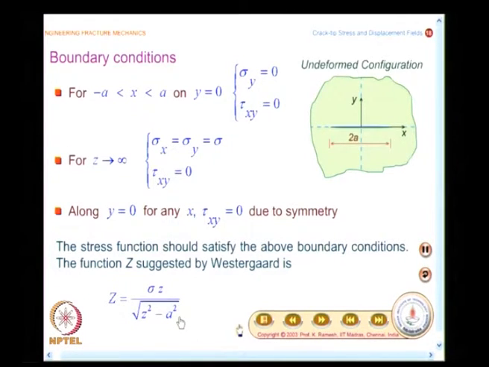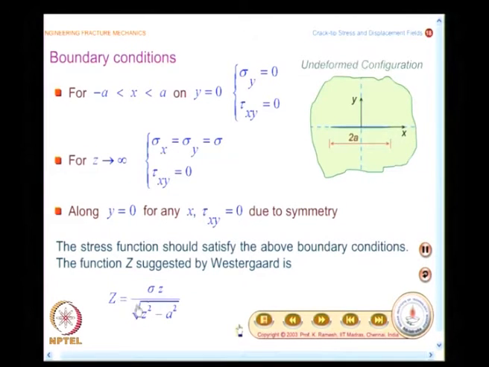You know, this stress function looks very simple, and if you look at mode 2 as well as mode 3, the form is still maintained. That is the greatest advantage of Westergaard's approach. Not only is this stress function meant for a single crack.